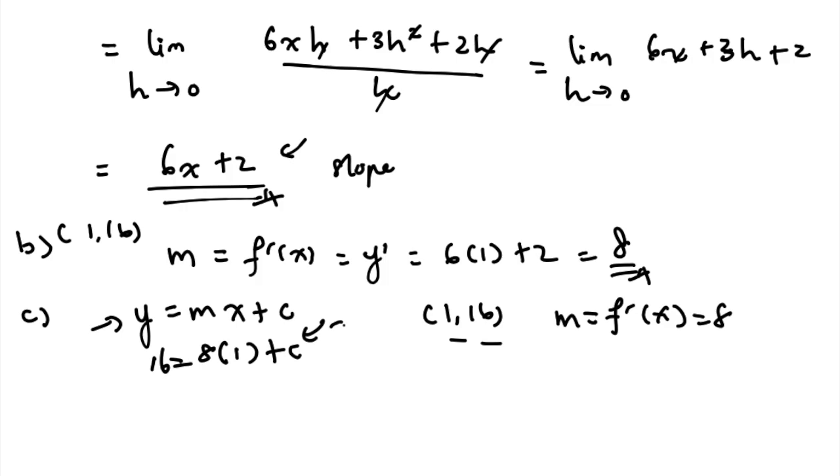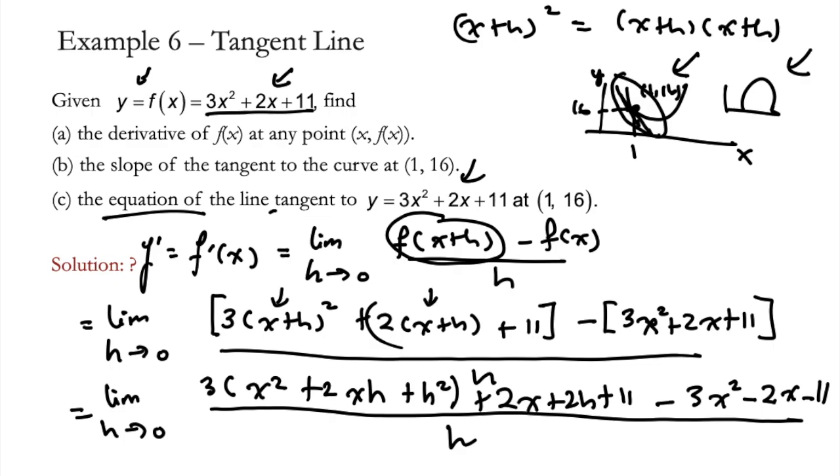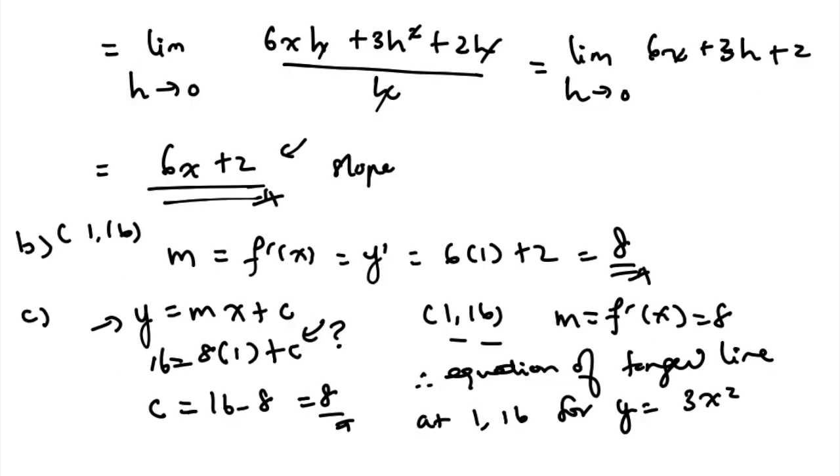Then we can find what is c. If you rearrange it, c becomes 16 minus 8 equivalent to 8. So then the equation of tangent line at 1, 16 for y equivalent to 3x squared plus 2x plus 11, let me check the equation, is this.